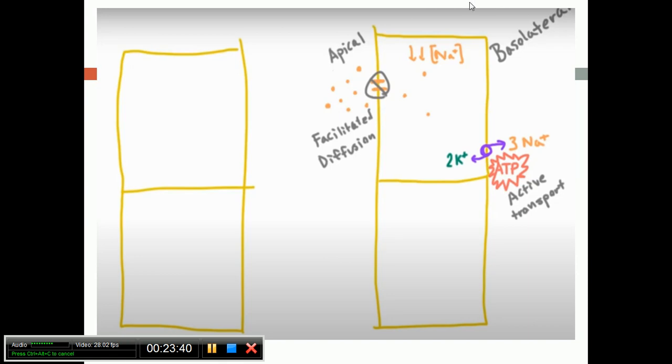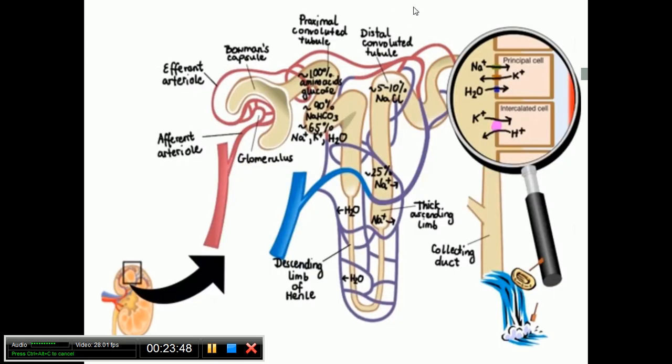So there are two things which you have to remember. The side of the membrane. If this is the nephron, this is one side and this is the other side. How will you find these sides in the textbooks? If I say two names, basolateral and the apical membrane, which side will be apical and which side will be basolateral?